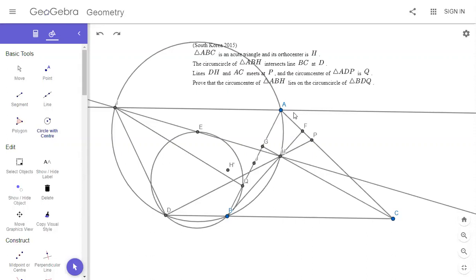So QAD is the same as BAD, which is, yeah, there's a bunch of equal angles here.